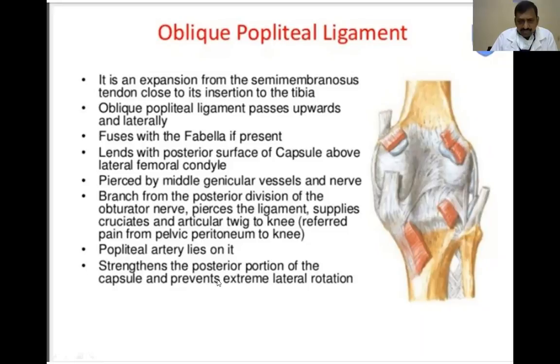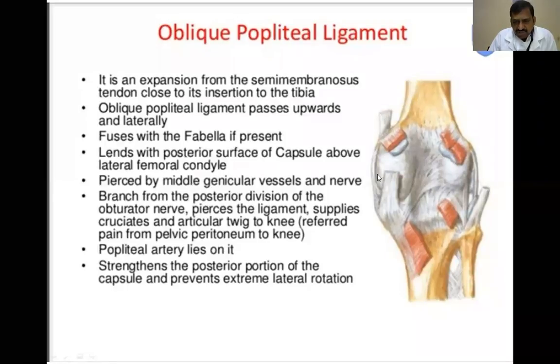Next, these are the points related with the oblique popliteal ligament. It lands in the posterior surface of the capsule above the lateral femoral condyle and is pierced by the middle genicular vessels and nerves.